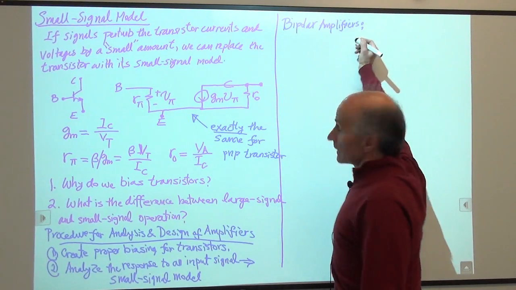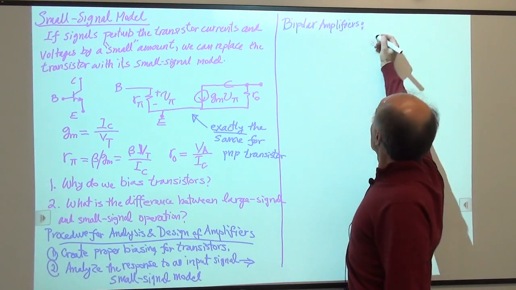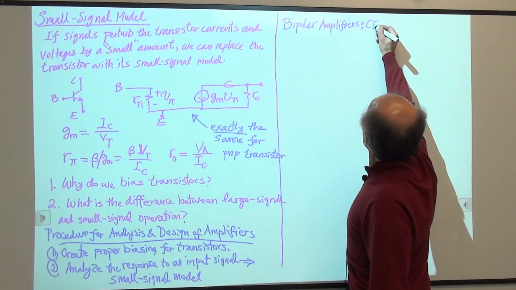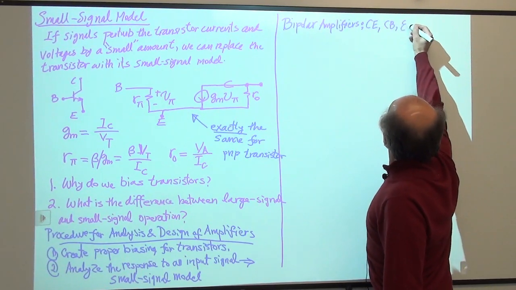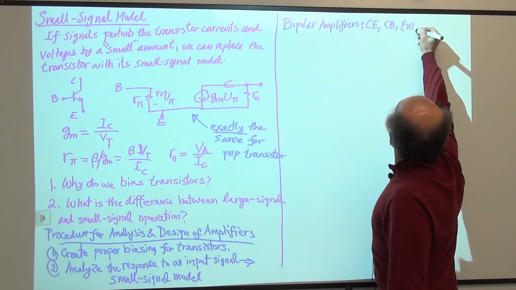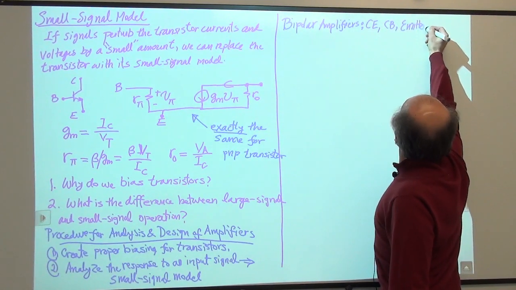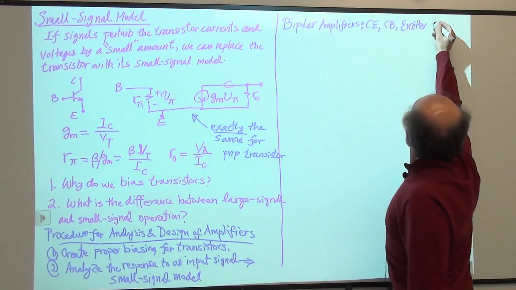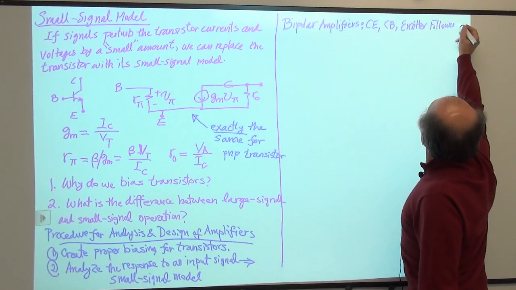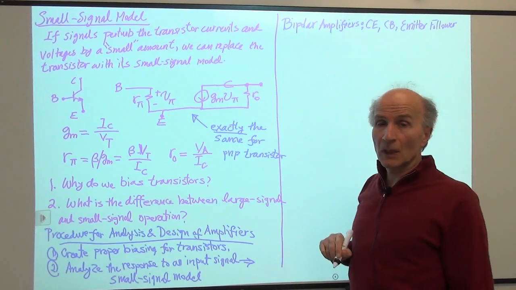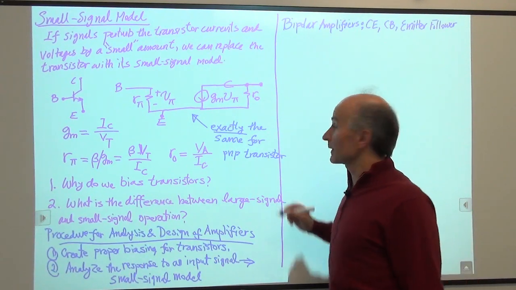And you have seen these in 115A, so we start with the common emitter stage. Then we go to the common base stage, and then we go to the emitter follower. Okay, so let's start with the common emitter stage.